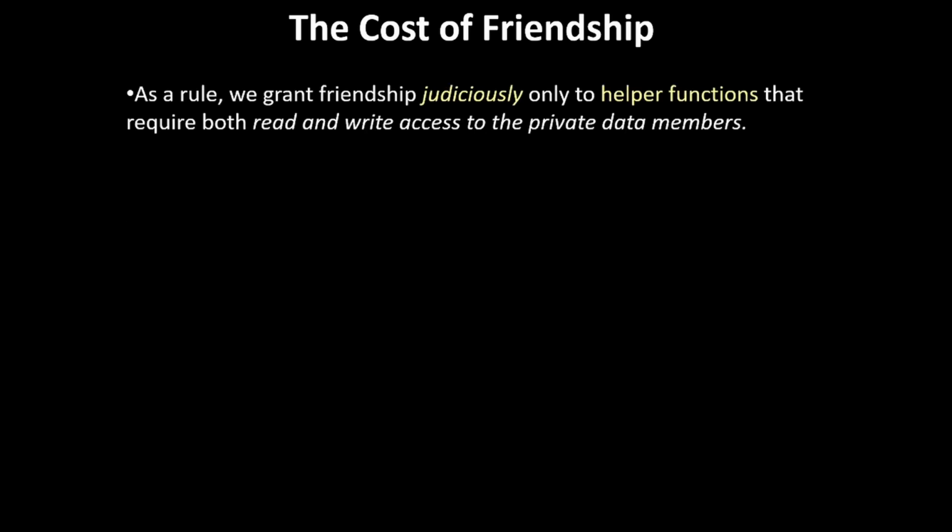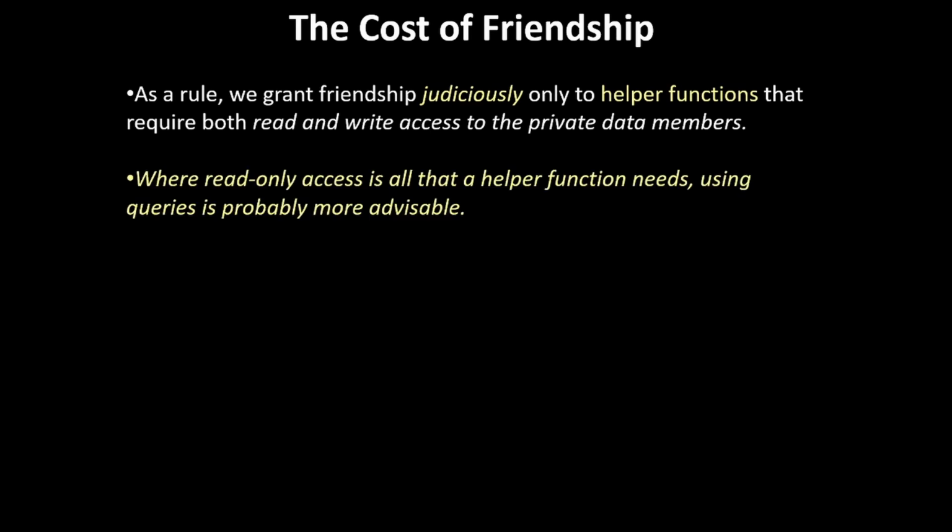Okay, so just to be clear, we've been talking about a friend function. What I want to do is talk a little bit about the costs of friendship. As a rule, we grant friendship judiciously, only to helper functions that require both read and write access to the private data members. I know that's a mouthful, but review the video and you need to understand this particular point.